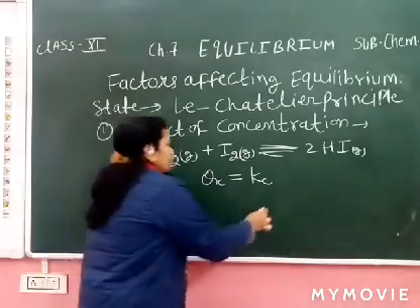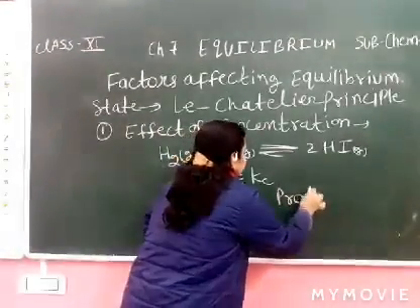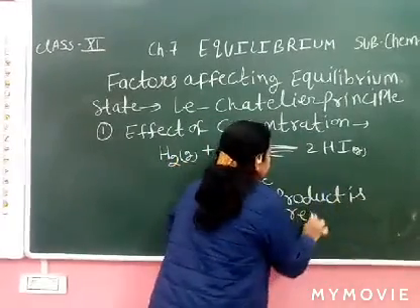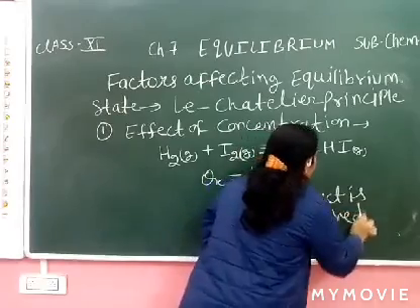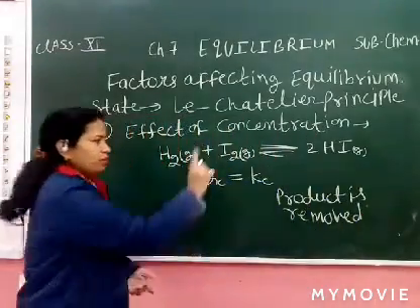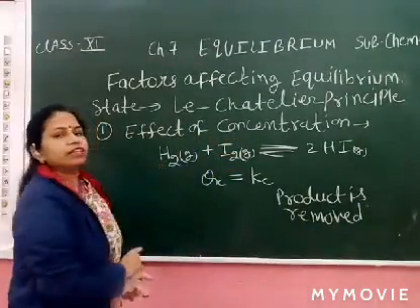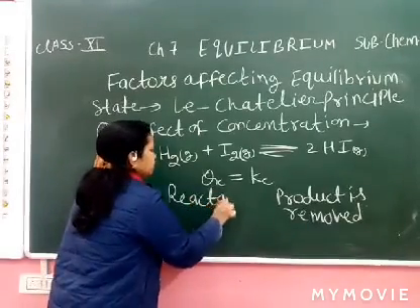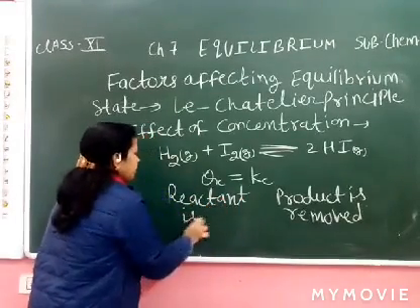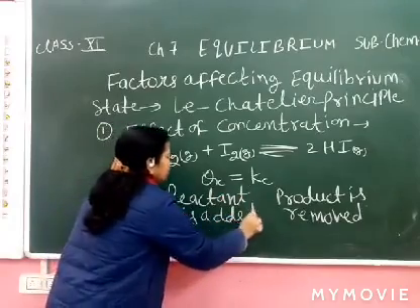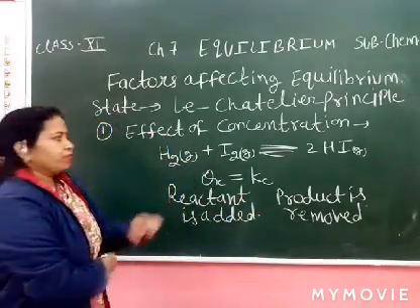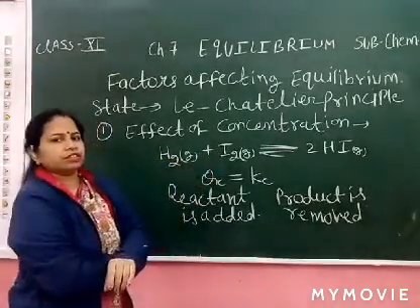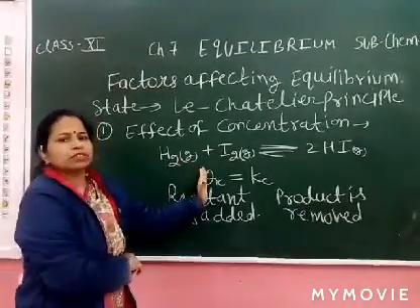Now, when product is removed, in short, you have to learn this point. When we remove the product, it can again convert into reactant. And when reactant is added, in both conditions, when we increase the reactant hydrogen or iodine, it affects the Qc.